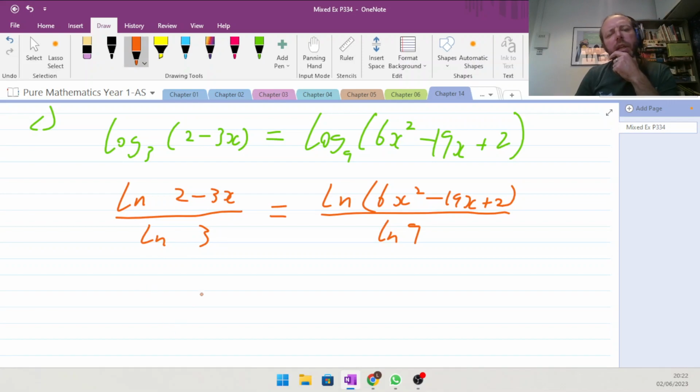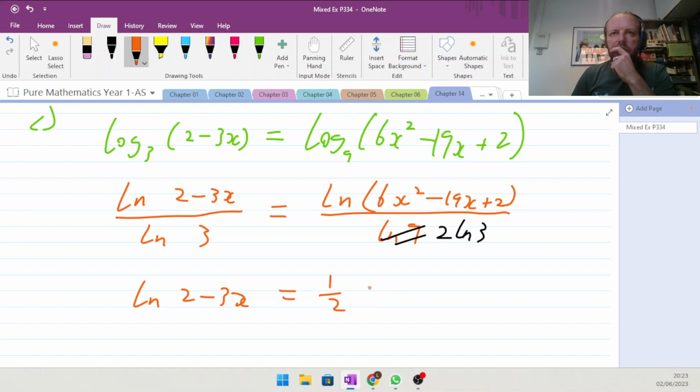I don't know if I like this, but I'm going to say that ln 9 is 2 ln 3, which means now I'm going to multiply across by ln 3 to give me ln 2 minus 3x is equal to a half ln 6x squared minus 19x plus 2.